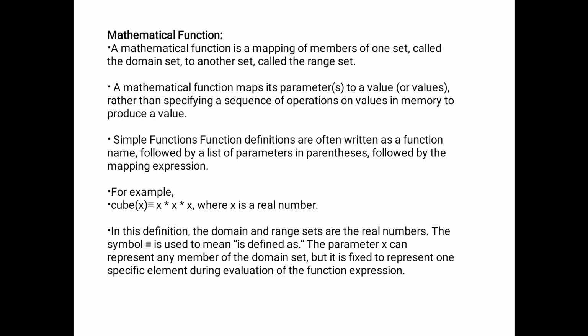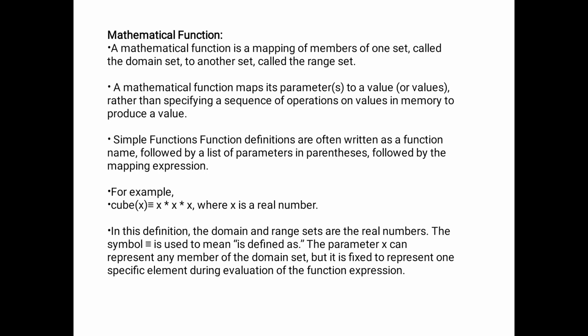Simple function definitions are often written as a function name followed by a list of parameters in parentheses, followed by the mapping expression. For example, cube(x) = x * x * x, where x is a real number. In this definition, the domain and range sets are the real numbers.